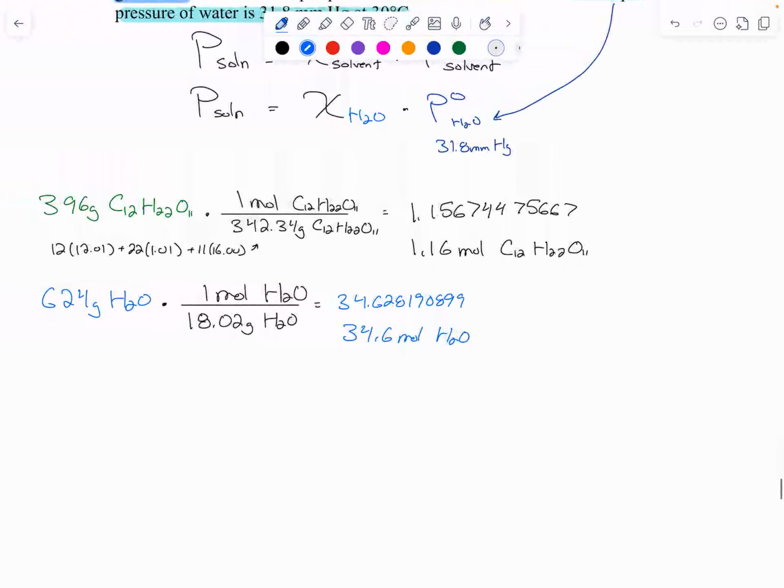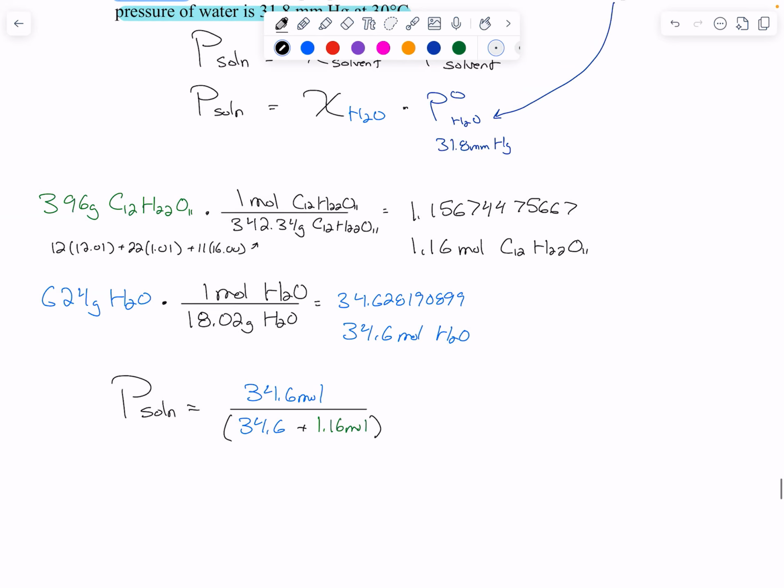So now we can come down. The pressure of the solution is equal to the mole fraction, so the mole fraction of water. Now this is the tricky part: water goes on top, 34.6 moles of water, and then we have our moles of sugar, which is 1.16 moles, multiplied by our 31.8.